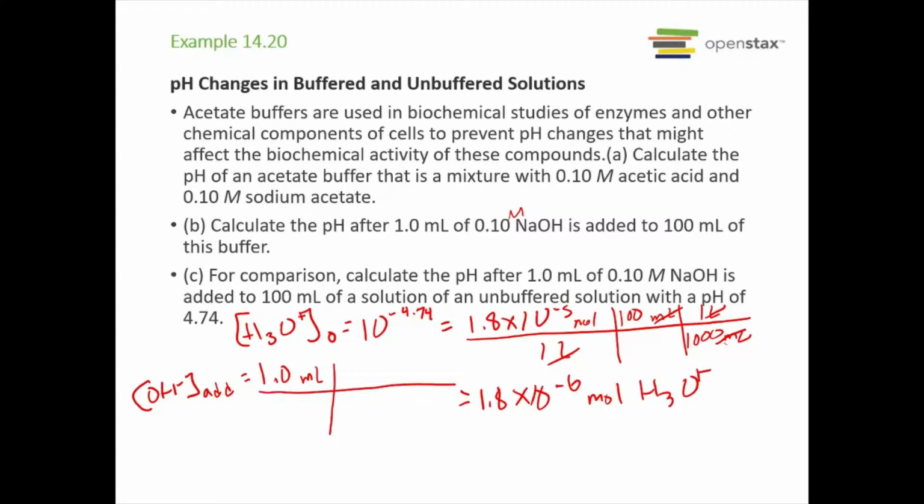And for this base, we have 1 liter per 1,000 milliliters. And that base had a concentration of 0.10 moles per 1 liter. So we see our units cancel, and then we get the moles that we added: 1.0 times 10 to the negative fourth moles of OH minus.